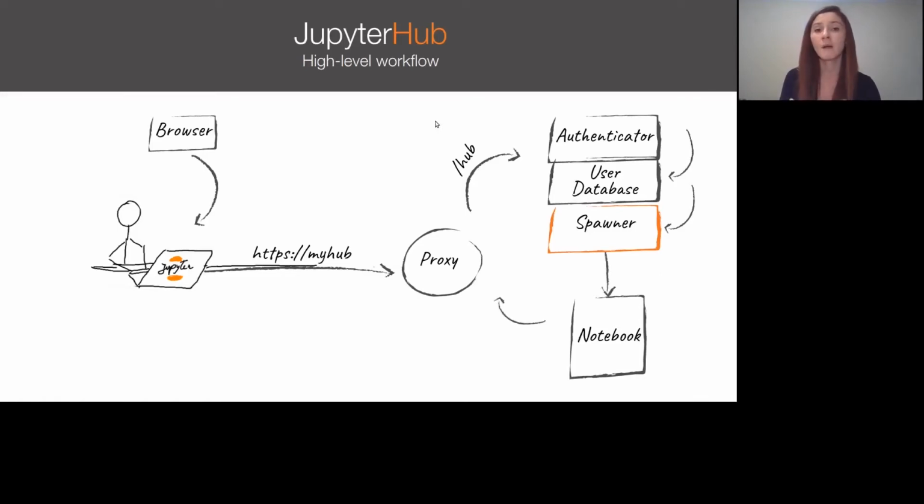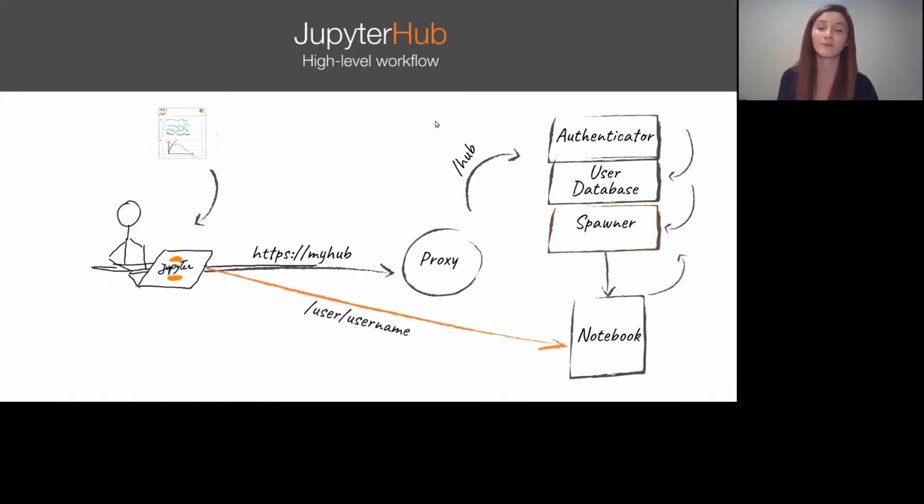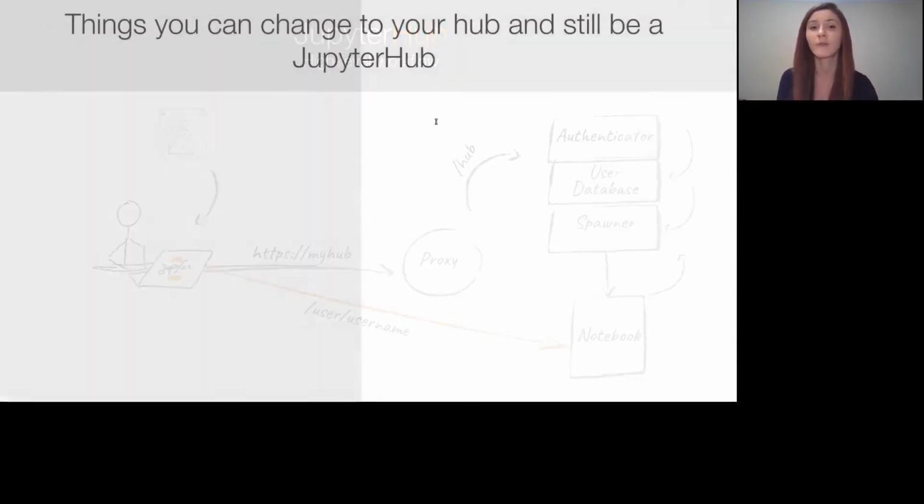After this, the hub notifies the proxy to add a routing rule from this user to their recently created server. Once the server is running, accessing /user/username will connect that user to their notebook server. The single user notebook server will then double check with the hub if any changing to the notebook should be allowed.